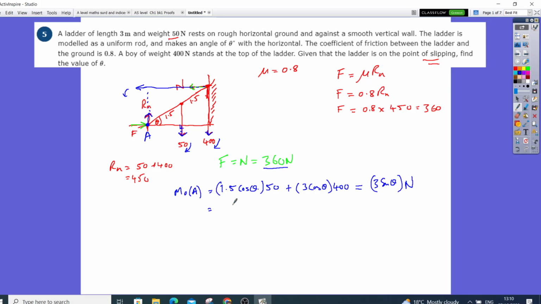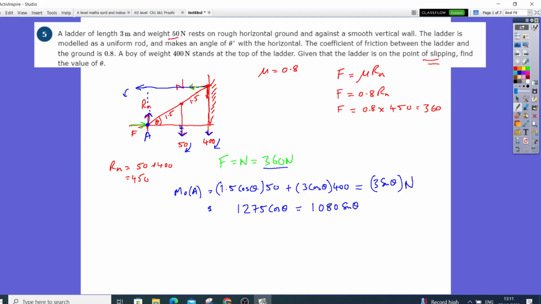Okay, so let's just calculate all this. That's going to be 1.5 times 50 plus 400 times 3, and that's going to equal 1275 cos theta. Okay, and that's going to equal, now we know that N is 360, so that's going to be 360 times 3, so that's 1080 newtons sine theta.